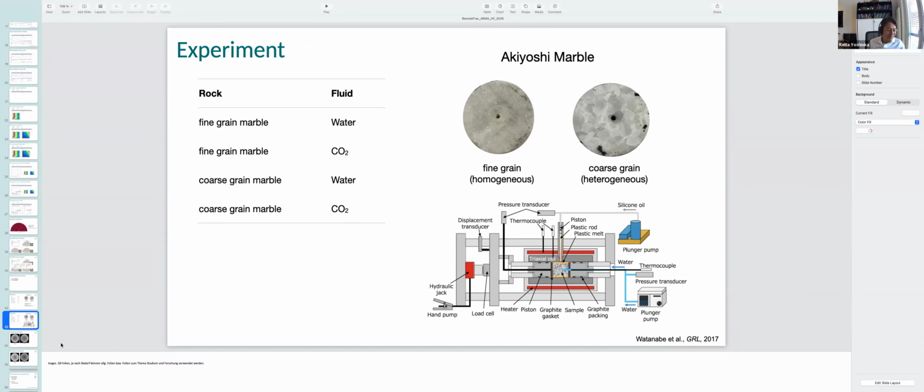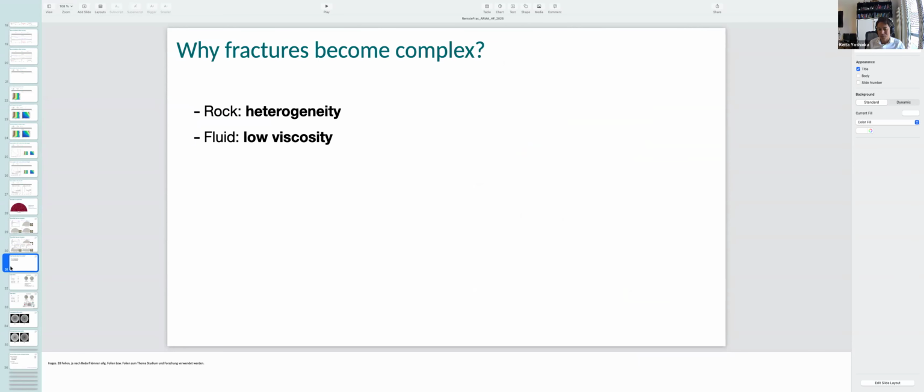I hope we offer a plausible explanation why this happens, and we believe this happens when we have the right conditions: a heterogeneous rock formation and also low fluid viscosity. When we have these two conditions, I think it can happen.